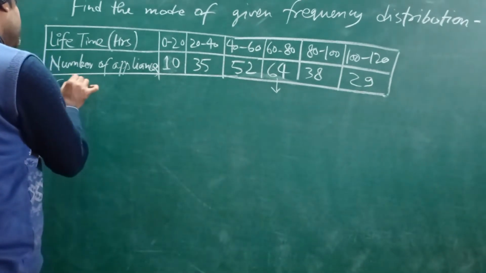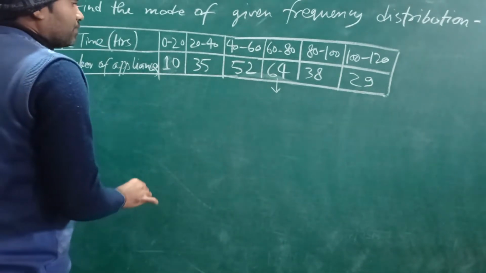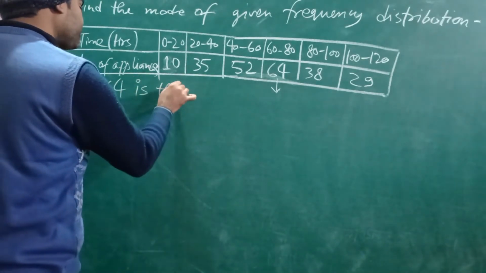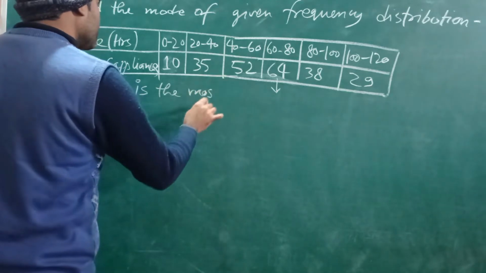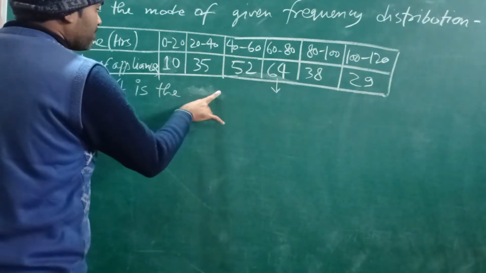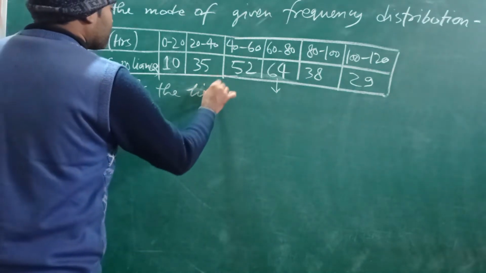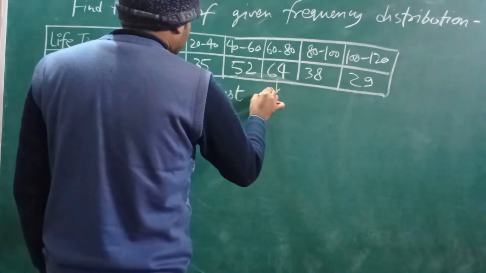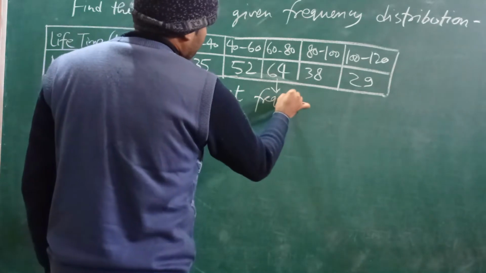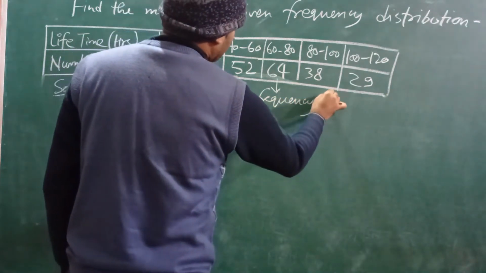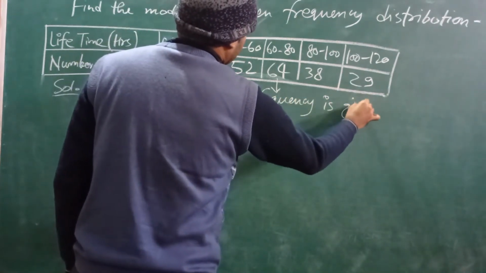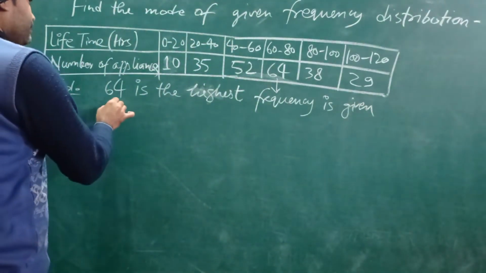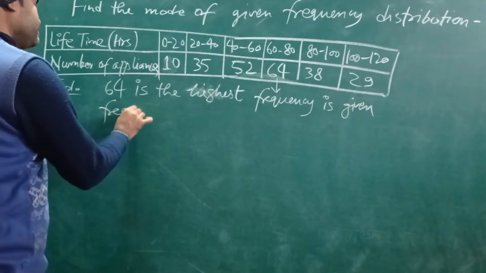So we will write down: 64 is the highest frequency in the given frequency distribution.